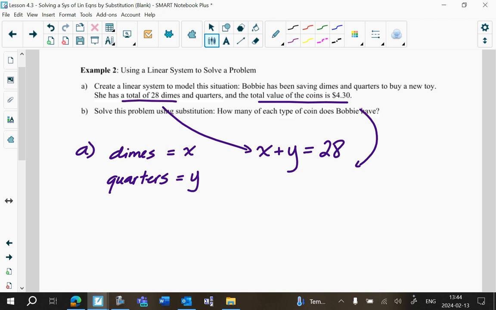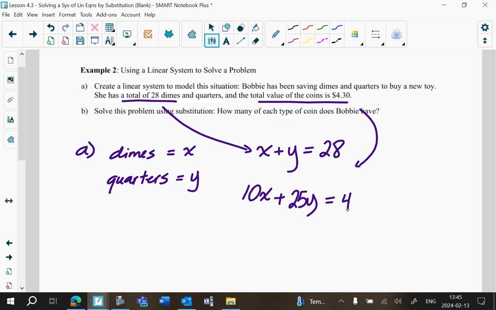Just do what to it? Times it by 10. So X times 10, or 10X, gives us the value of the dimes. How would we find the value of the quarters? 25Y. And when we add those two values together, we get the total value in cents.